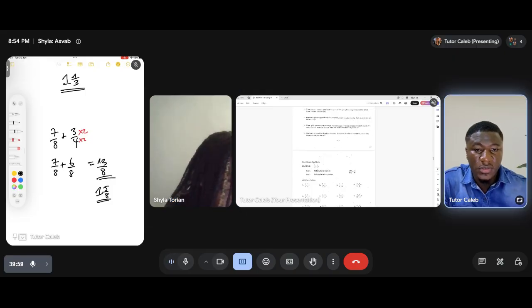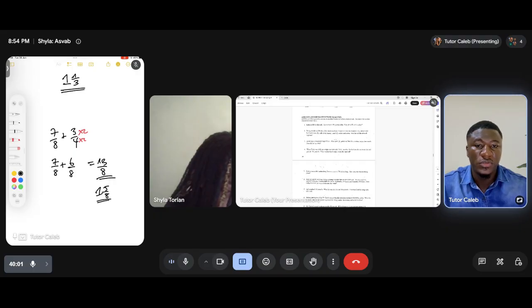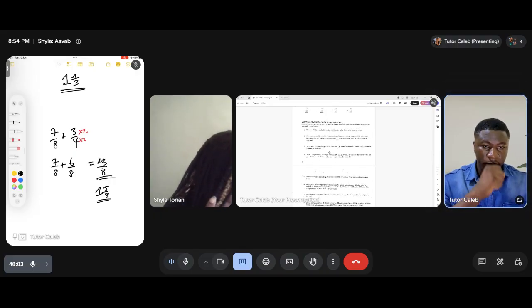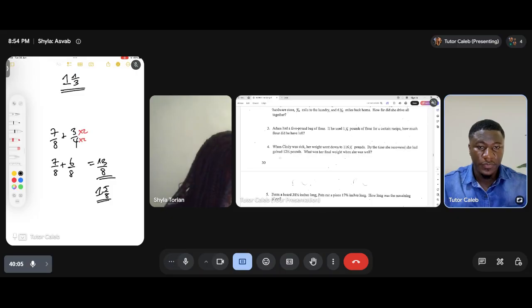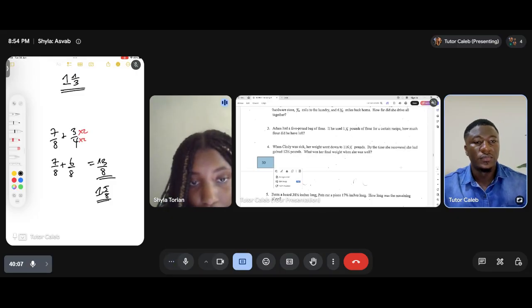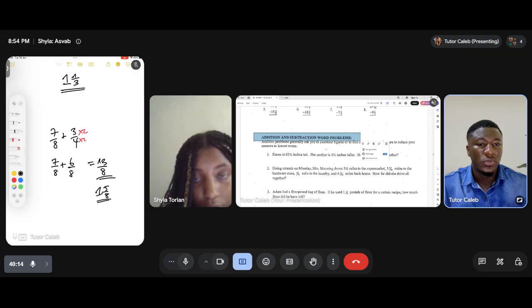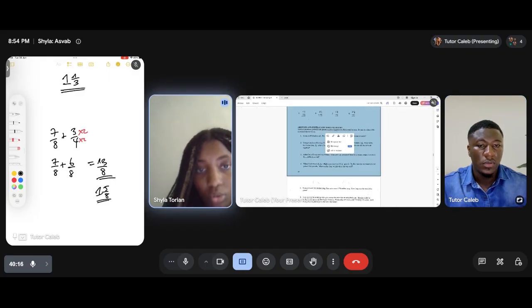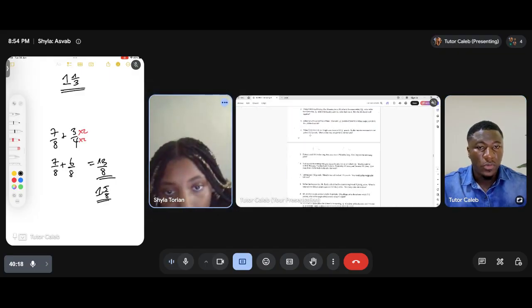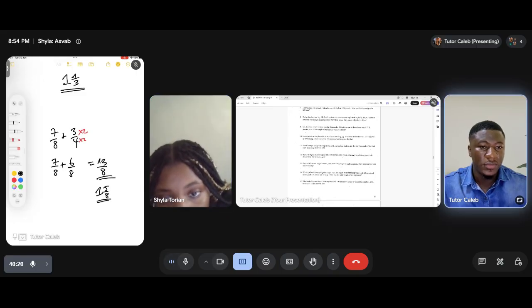Your assignment is to solve the 15 questions on page 30 and 31. Can you see page 30 here? This is on addition and subtraction of word problems. So solve 1 to 15.